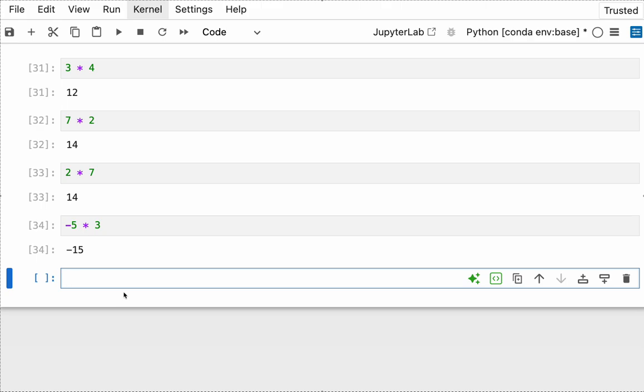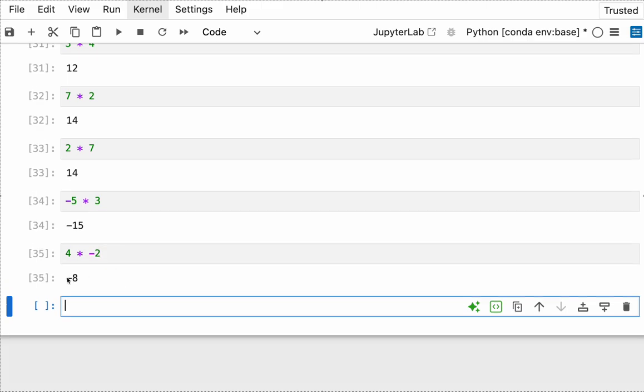Let's do something else as well. Let's say 4 multiplied by minus 2. And we run this, we get minus 8. So 4 multiplied by minus 2 is minus 8. And one more on multiplying negative numbers.